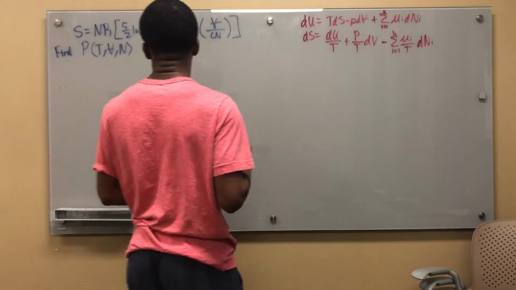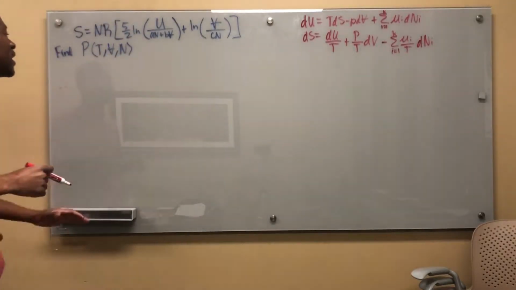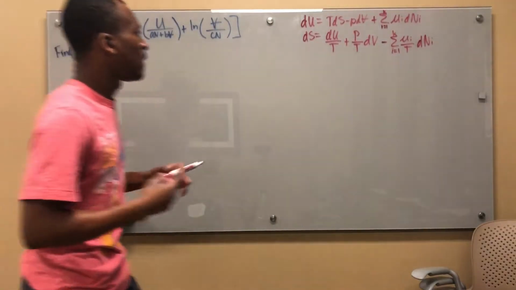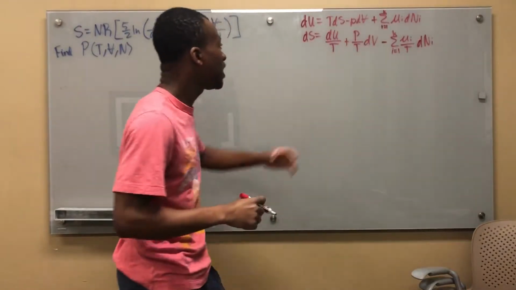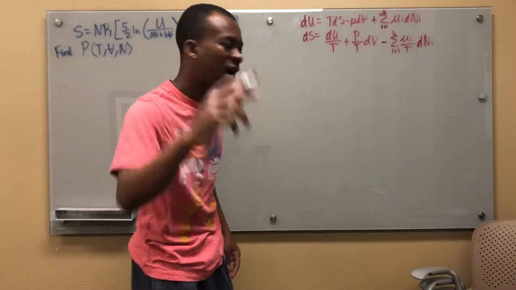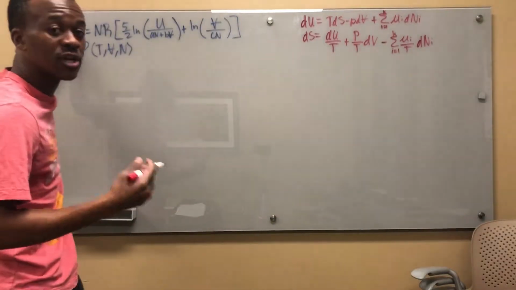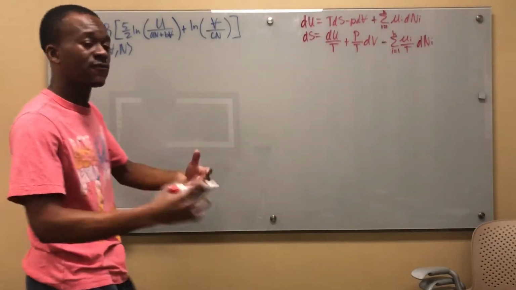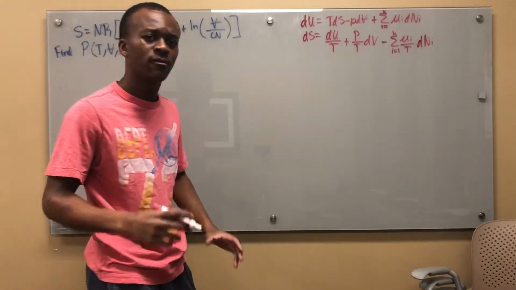Now, they're asking me to find P as a function of T, V, and N. I can see my P right here, meaning that if I can differentiate this S with respect to something to get this P, I'm in luck, because I'll just take the differential of this S and differentiate it with respect to something to get P. Cool.